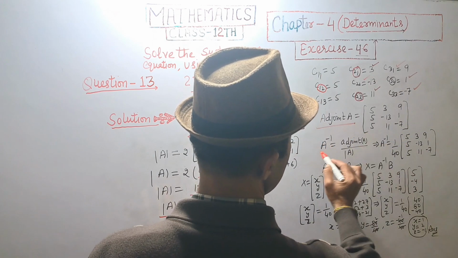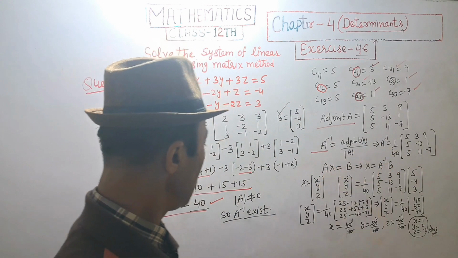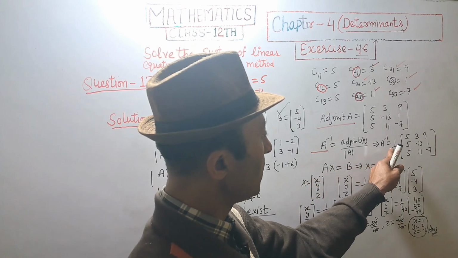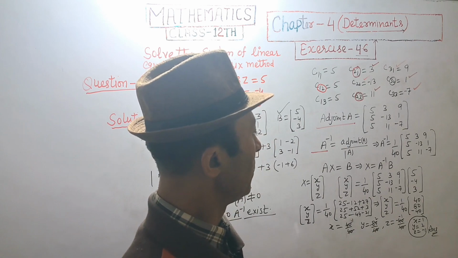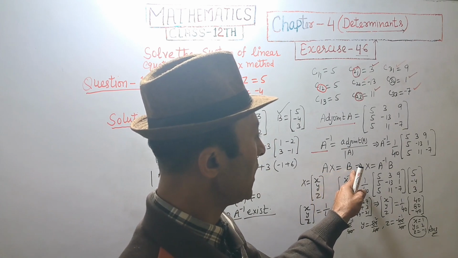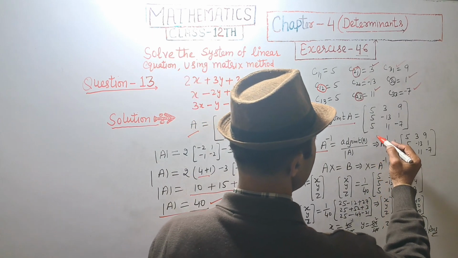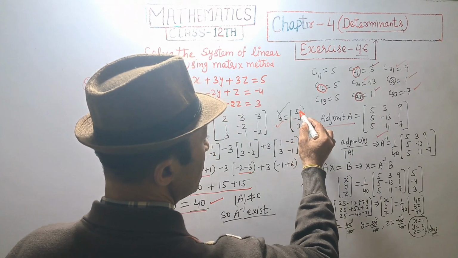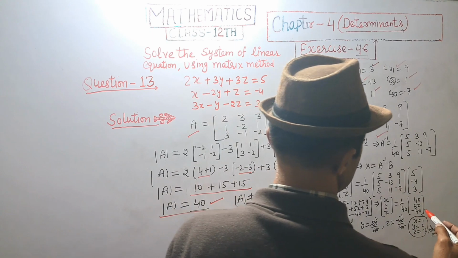A inverse is equal to adjoint A upon determinant of A. We get determinant of A is 40, and A inverse equal to 1 upon determinant of A into adjoint of A. Ax equal to B, this implies x equal to A inverse B. We get the value of A inverse here, and the value of B is 5, minus 4, 3 in column direction.